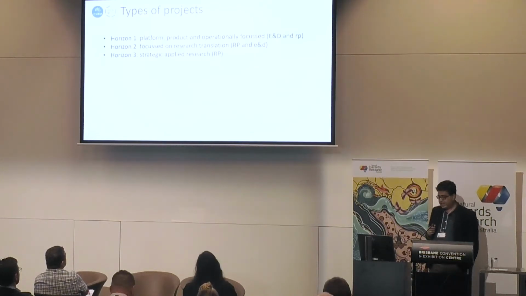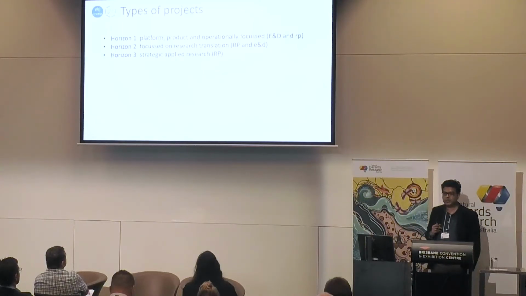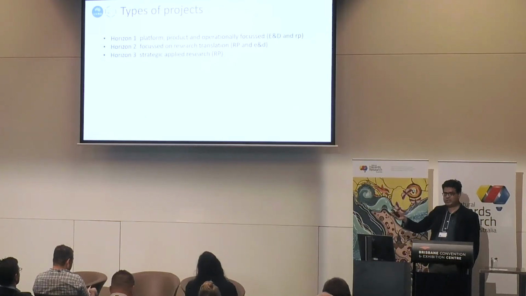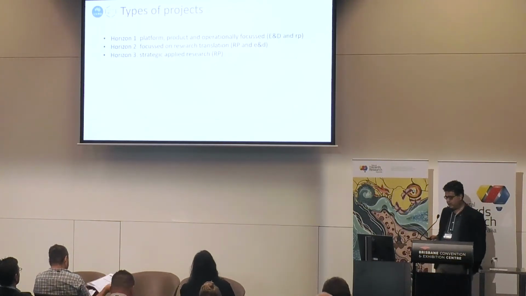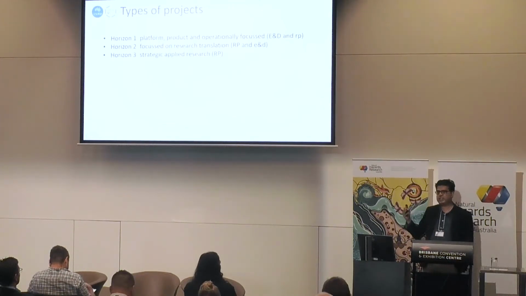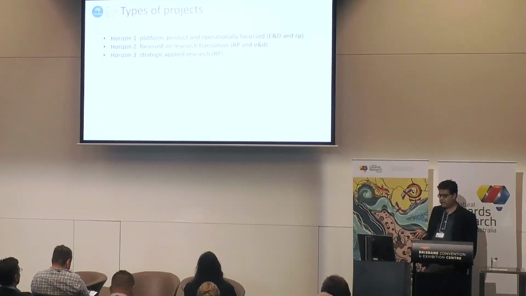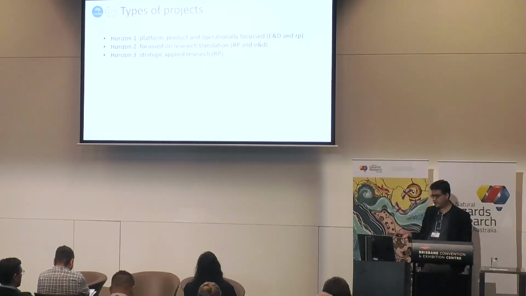So in terms of the types of projects that we work on, I'll give you a few examples of what I mean by those. These are kind of aligned with the technology readiness levels that Leigh was speaking about, but I think of it as application or research application readiness level. So Horizon 1, which is very much platform, product, and operationally focused, we tend to do in partnership with others.